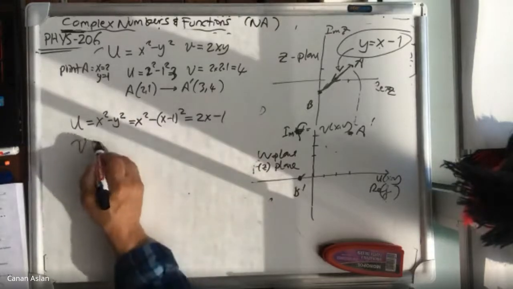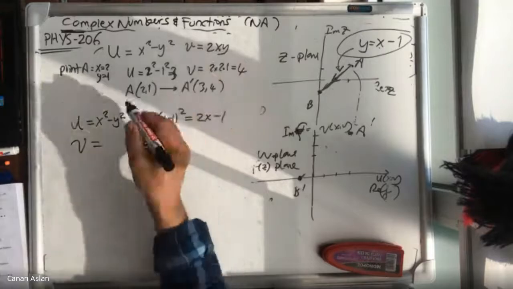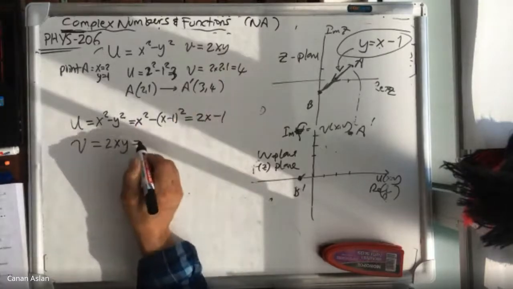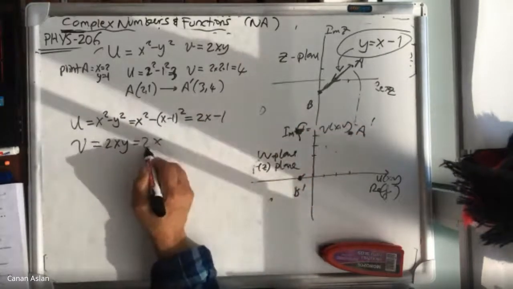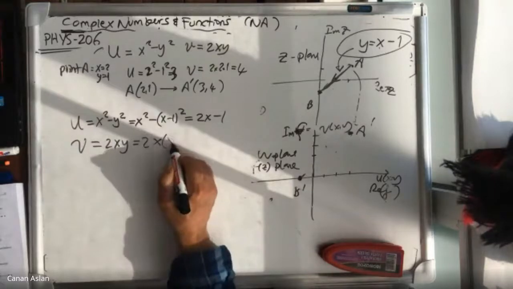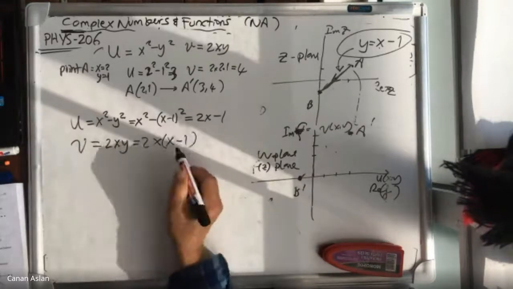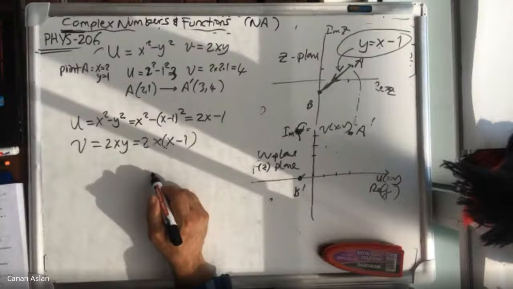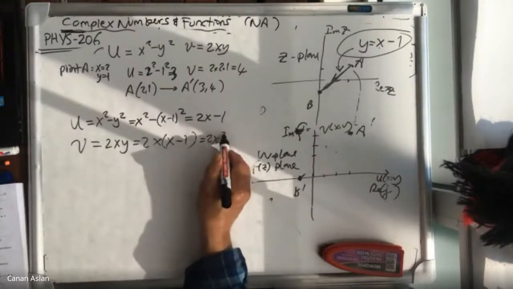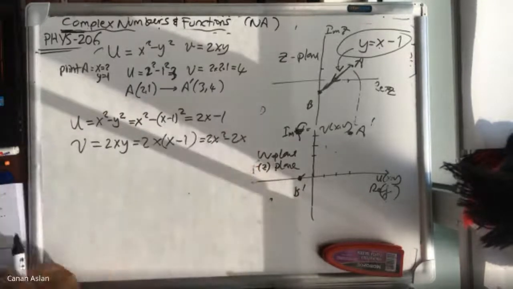What about v? v for our case was just 2xy, 2 times x times y. Now everything is written in terms of x, because y is replaced by x minus 1. And then we get 2x squared minus 2x there.